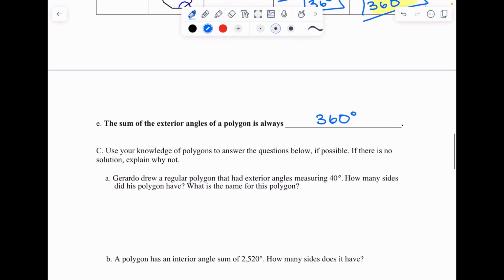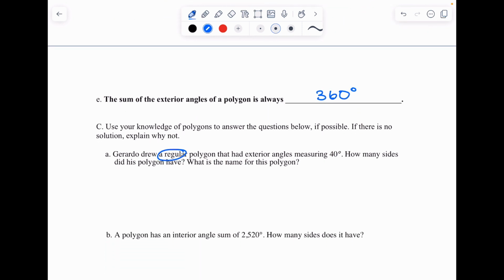For example, Gerardo drew a regular polygon that had exterior angles measuring 40 degrees. How many sides did his polygon have? So, I know that the exterior angles will always add up to 360 degrees, and I know that they each measure 40 degrees.